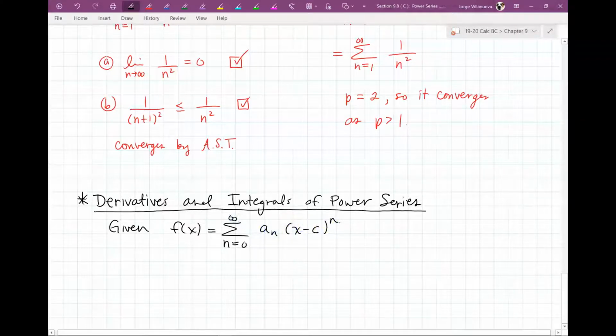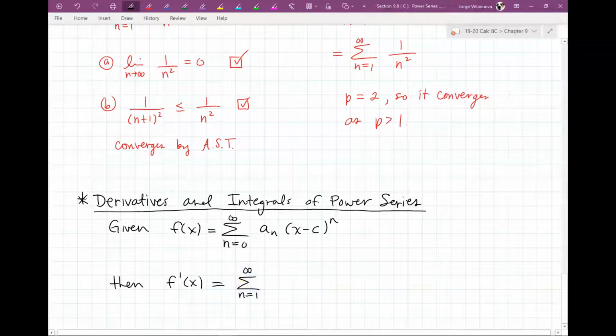Okay, so given that power series, then f prime of x. Okay, so notice how we started from 0 to infinity. Let me actually write this a little lower. I'm going to write the same thing, don't worry. But then f prime of x is equal to, note the starting position.